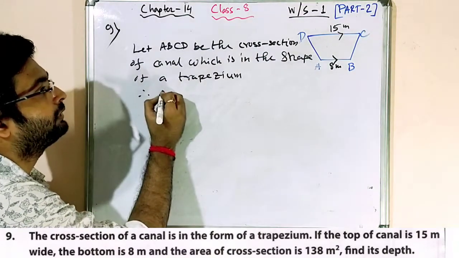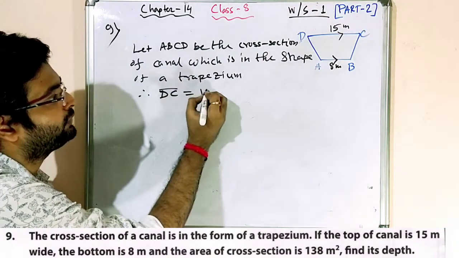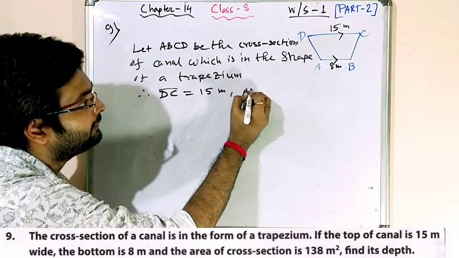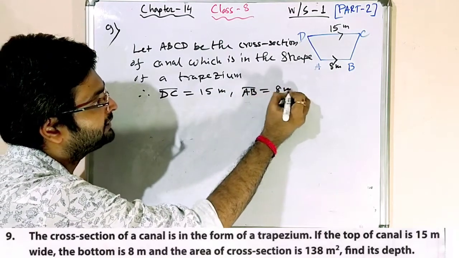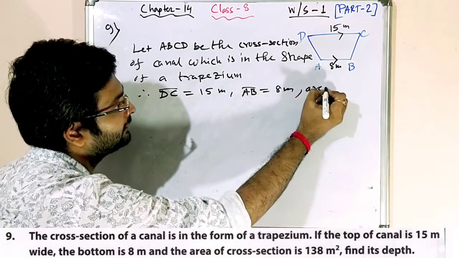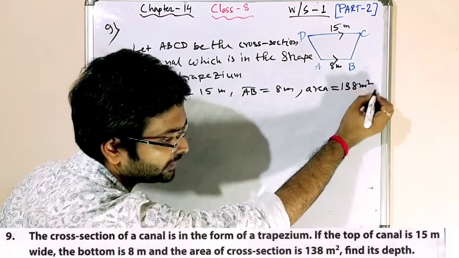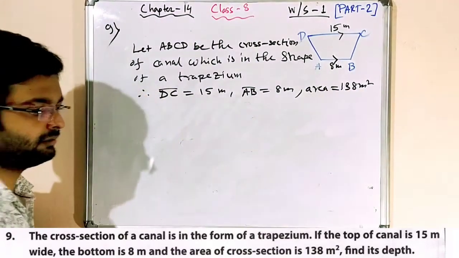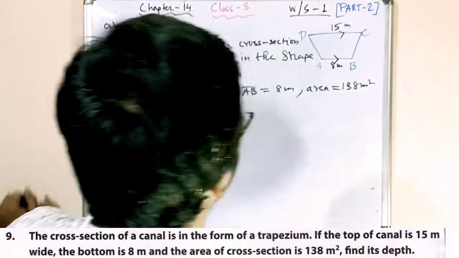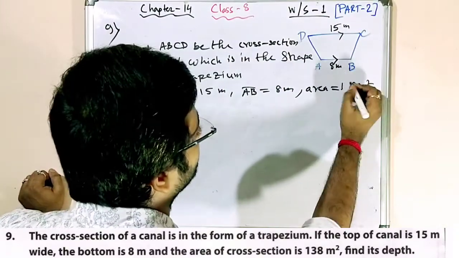Now therefore DC equals 15 meter, AB equals 8 meter, and area equals 138 meter square. All are meter, no? Yes, all are meter. Okay, chalo. Now I have to write perfectly.